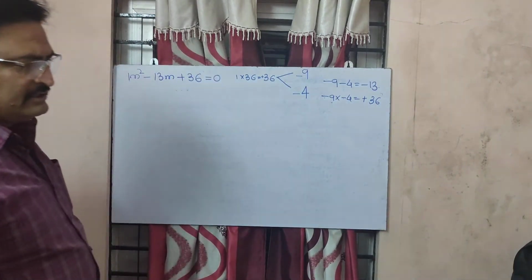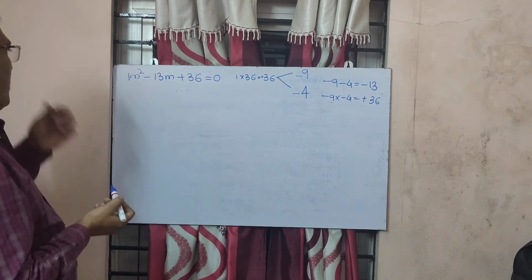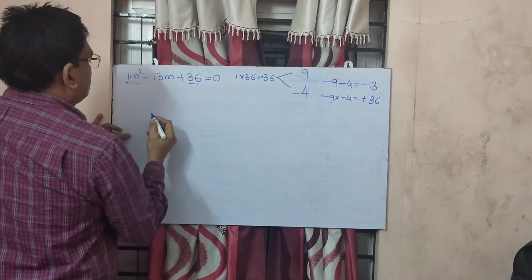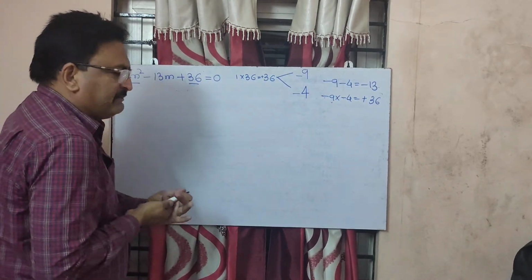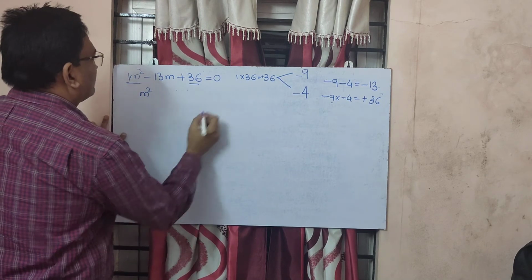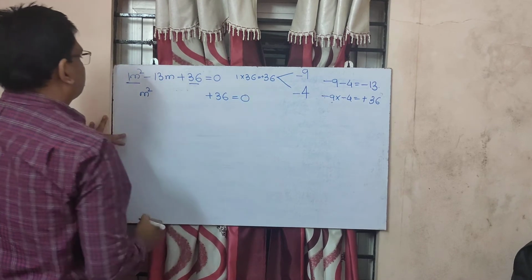This is how we have to choose the numbers. Now I told you, don't ever touch the first and last numbers. So m square as it is, plus 36 as it is, equal to 0 as it is.